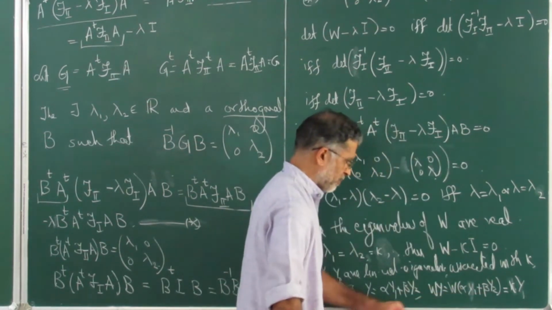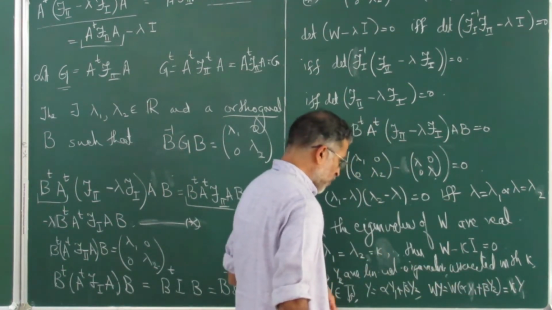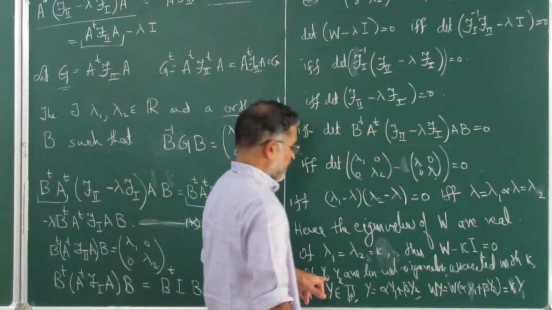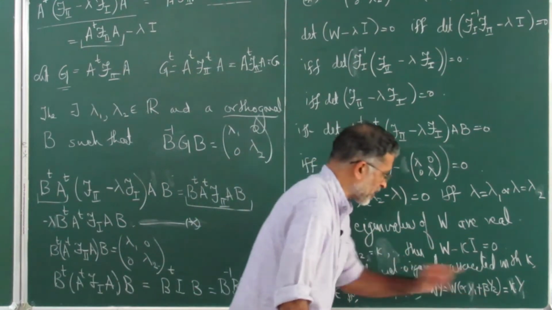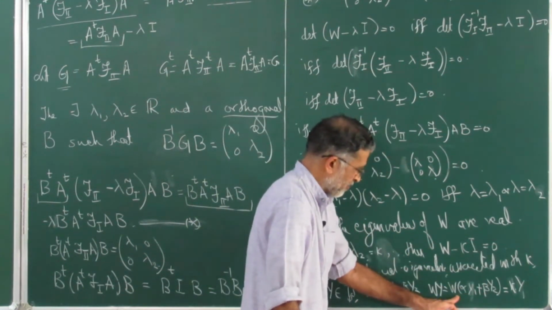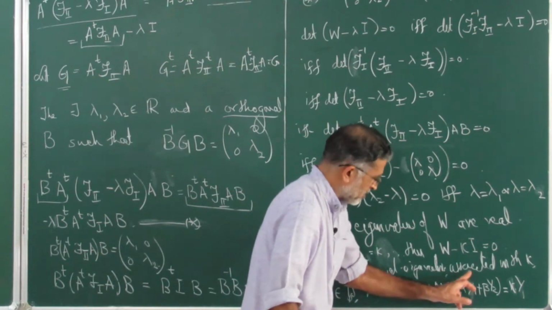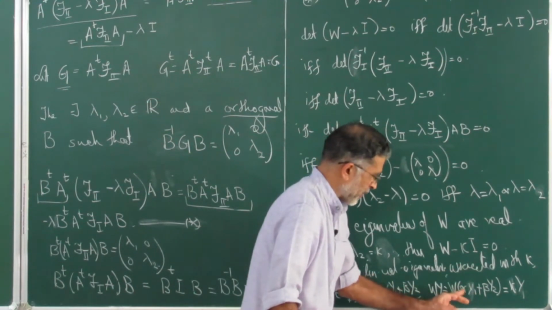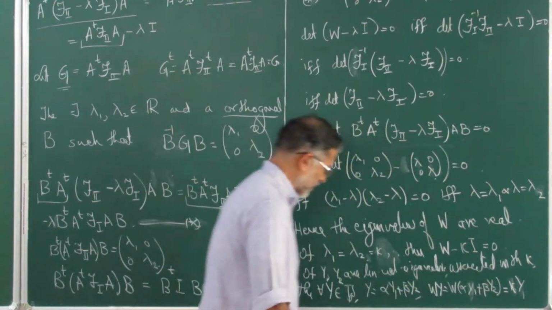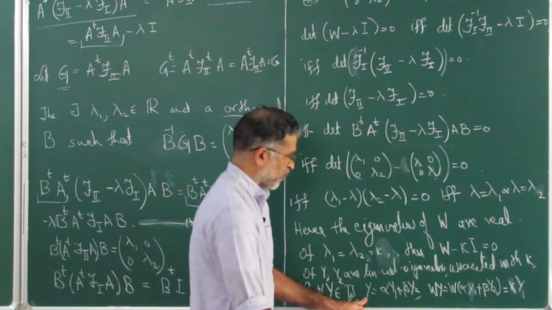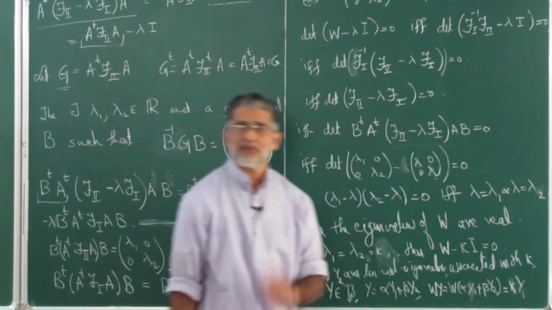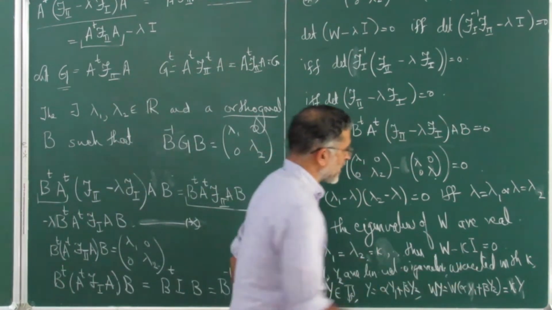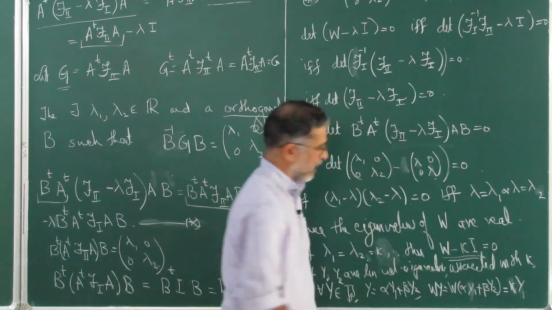Alpha times Wy1 plus beta times Wy2, but Wy1 is kappa y1 because it's an eigenvector associated with kappa. Similarly, Wy2 is kappa y2. So what will this be? Alpha times kappa y1 plus beta times kappa y2. Take kappa outside, so it will be kappa into alpha y1 plus beta y2. But what is alpha y1 plus beta y2? That is y. So it is kappa y. That means for every vector, it is a scalar multiple. So basically, this shows that W is equal to kappa I.